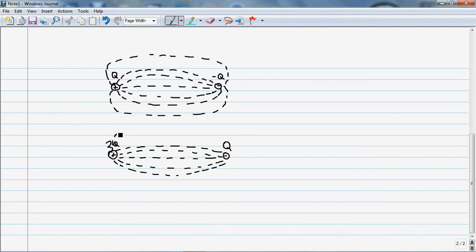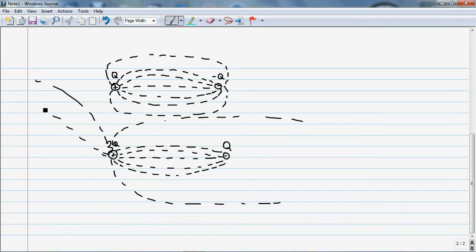Those field lines are going to go searching for negative charges, and the charge of 2Q is going to have twice as many field lines as negative Q.